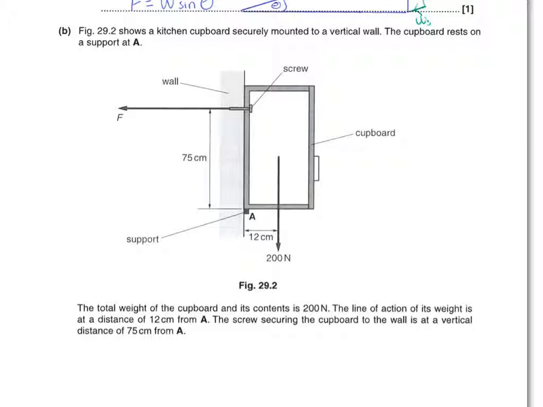We also have a screw that's holding the cupboard to the wall, and this is a distance of 75 centimetres from the pivot. And we have an unknown force here that's holding the cupboard to the wall by the screw.